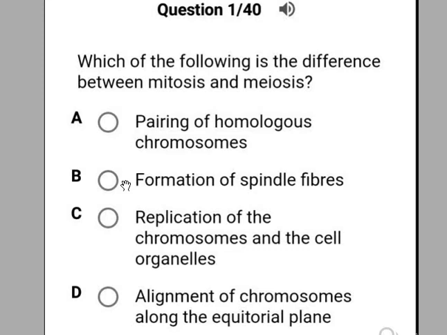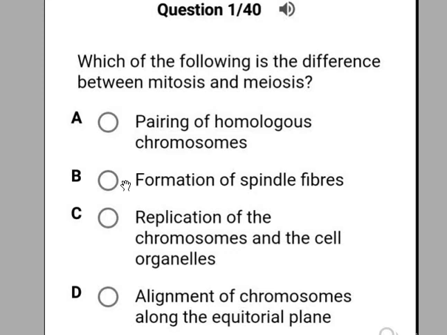So the best option here is A. Why? Because in mitosis there is no pairing of homologous chromosomes, while in meiosis there is pairing of homologous chromosomes. So the best option here is A, which is pairing of homologous chromosomes.